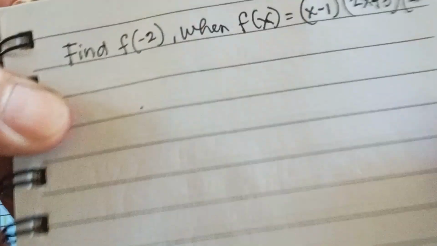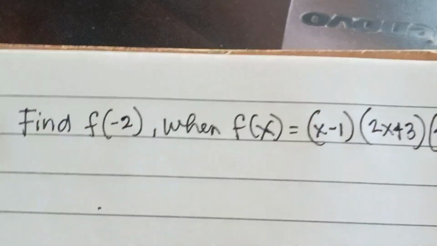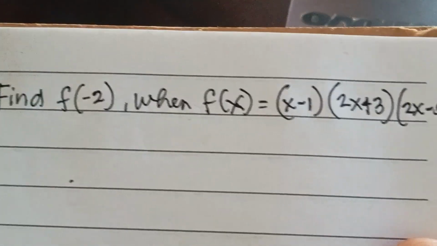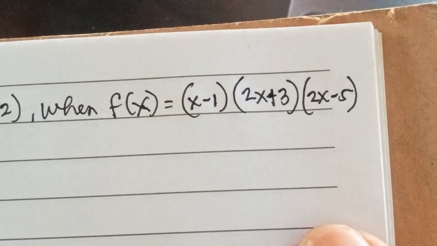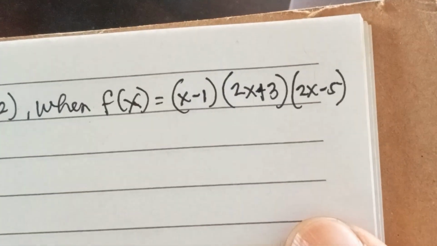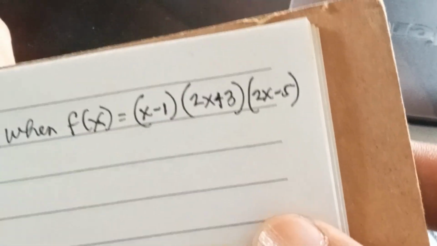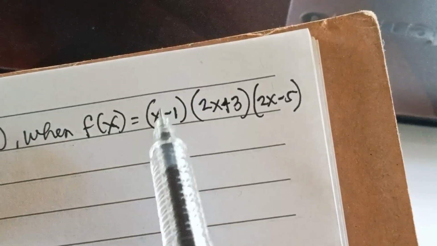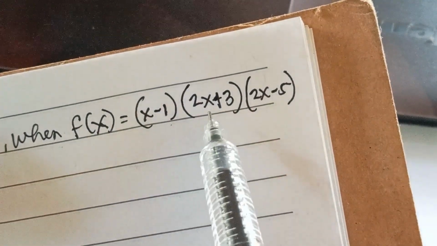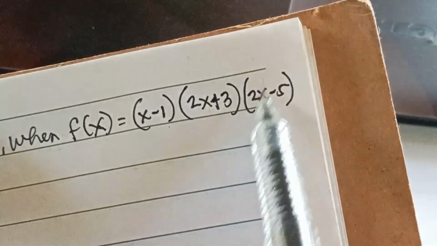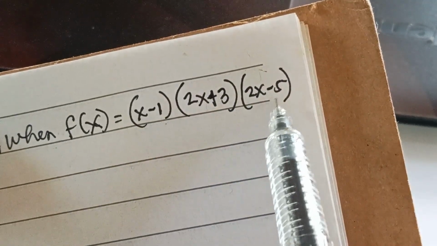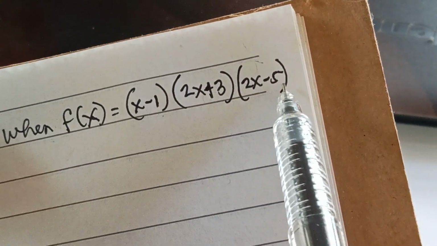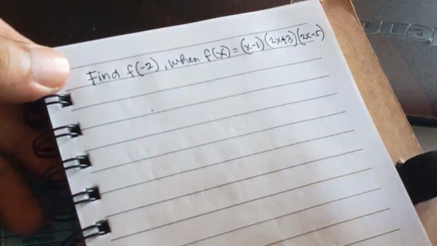Okay, the given is to find f of negative 2 when f of x is equal to the product of these three binomials, that is the quantity of x minus 1 times the quantity of 2x plus 3 times the quantity of 2x minus 5. Okay, let's continue.